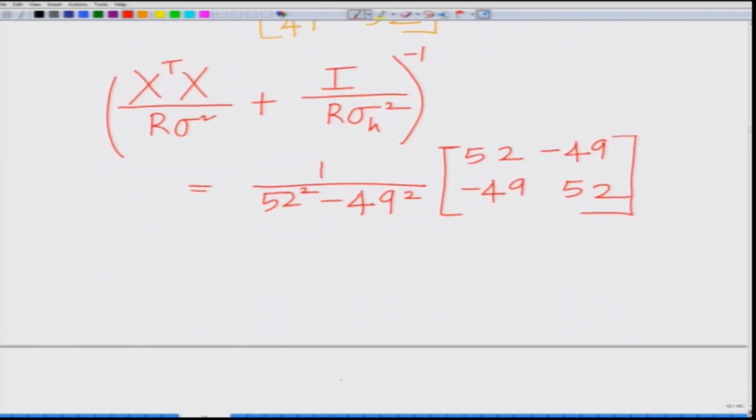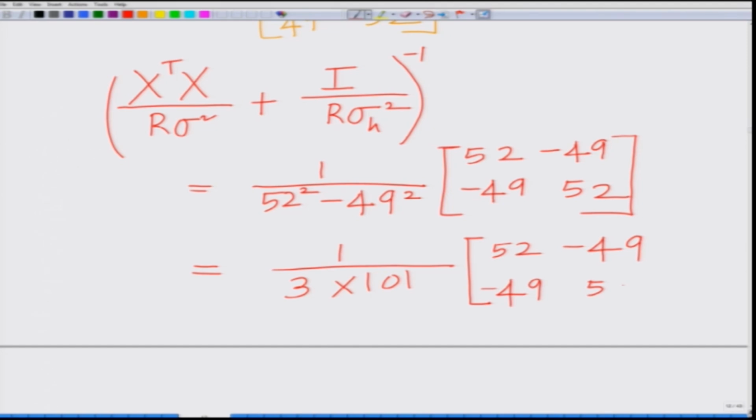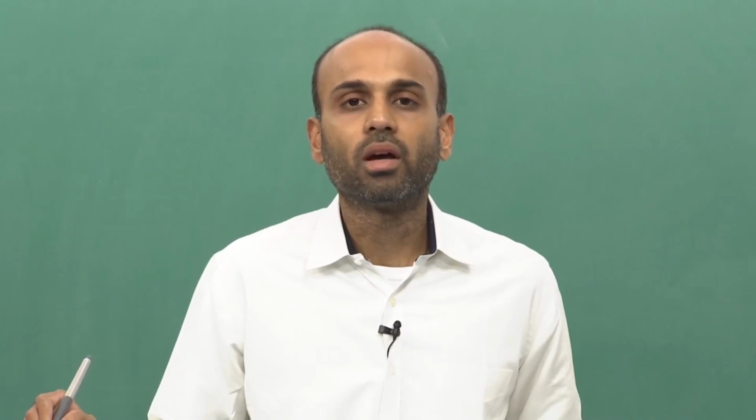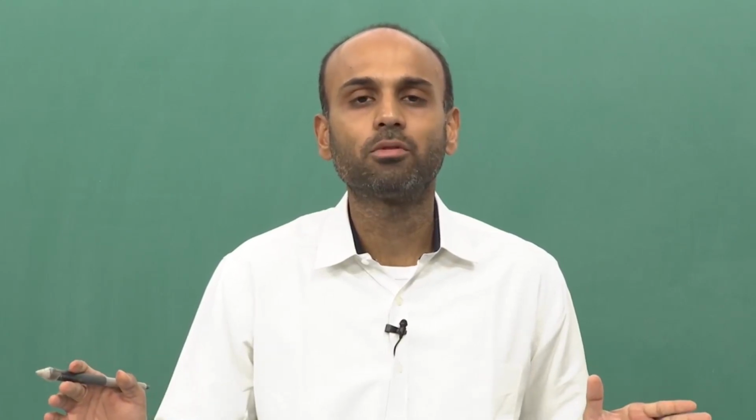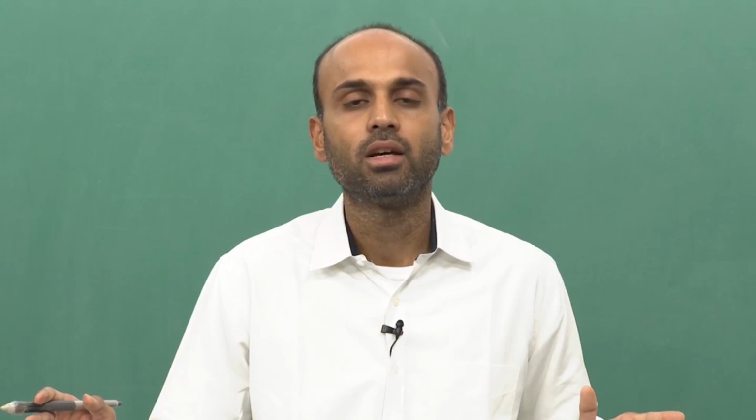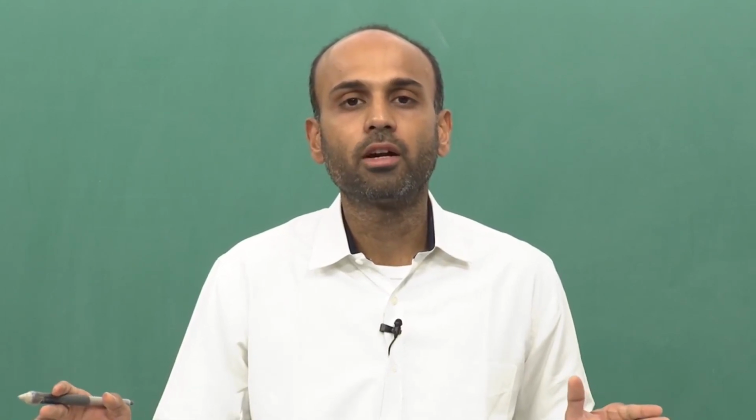So this becomes 1 over 3 times 101 into 52, minus 49, minus 49, 52. This is the expression for the matrix x transpose x divided by r sigma square plus identity matrix of size 2 cross 2 divided by r sigma h square, whole inverse.